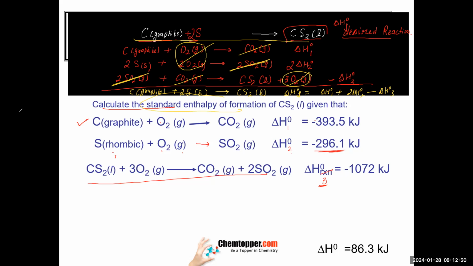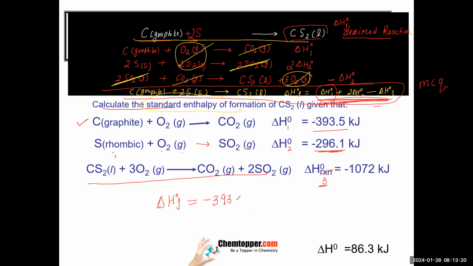So children, they may ask this question in this format, in the multiple choice form, MCQs, where the answers are written like this. So you should know what you are doing. You should know how to write in this form also. But what is the answer? What's the delta H naught formation value of my desired equation? Plug in the values. Delta H naught 1 is this.